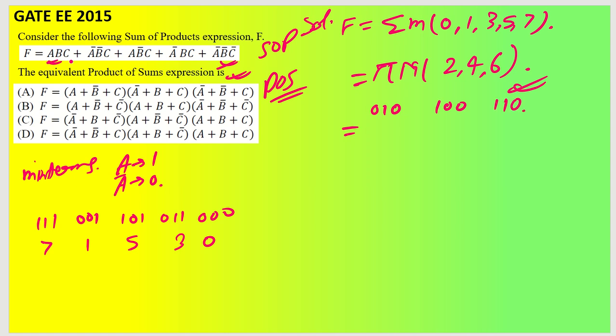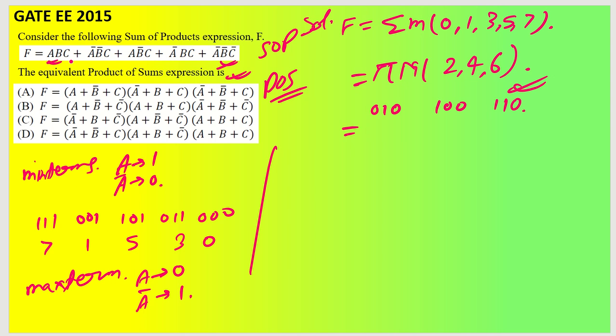And you know for max term you have to keep this in mind: A will be considered as 0 and A bar will be considered as 1, right?